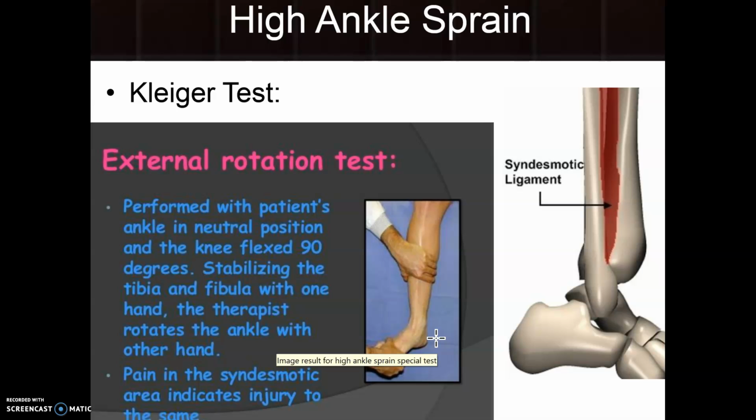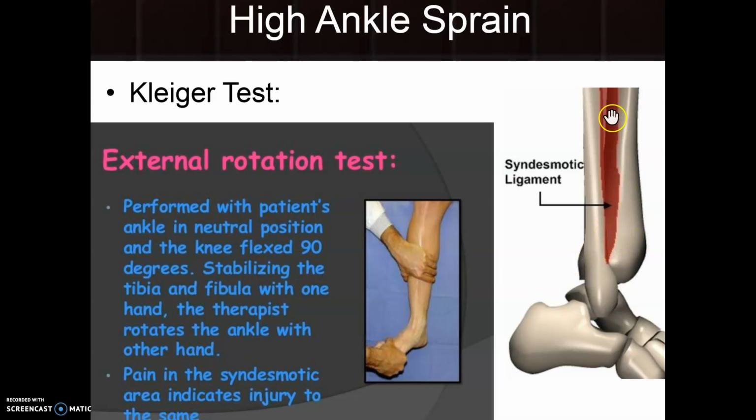If this position causes pain when the clinician applies that stress, if pain is increased, that's indicative of a deltoid ligament sprain. The Kleiger test, the external rotation test, is also a way to test the syndesmosis, which is at the distal end of the tibiofibular joint.